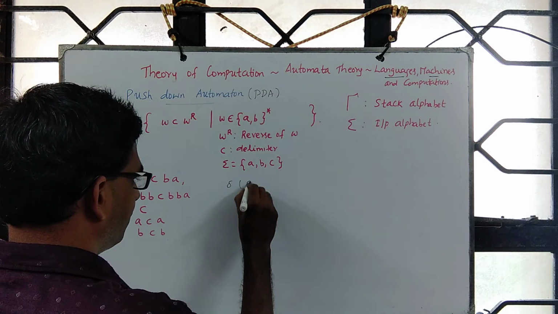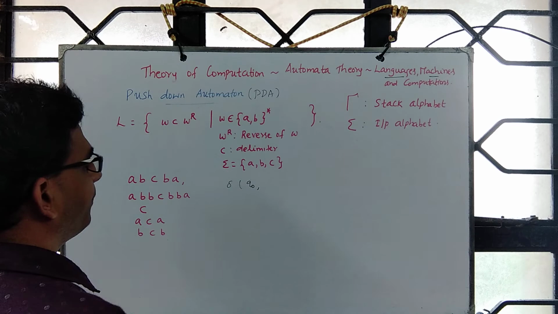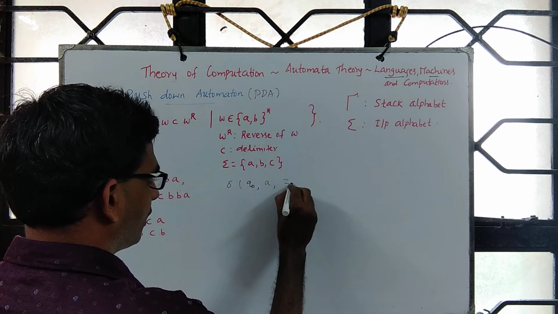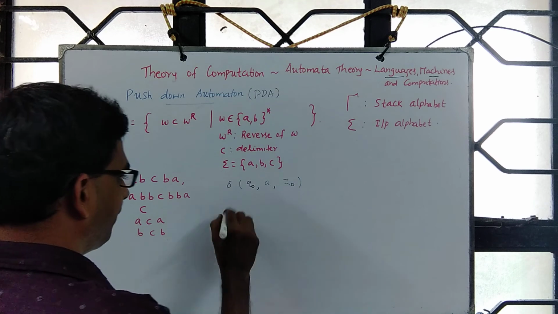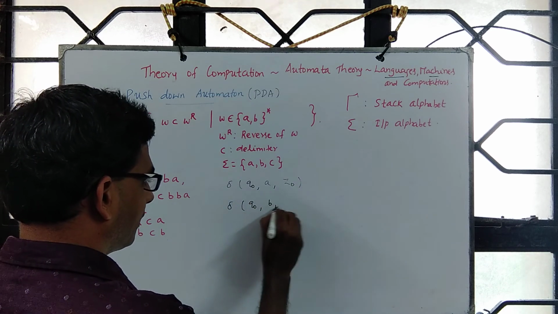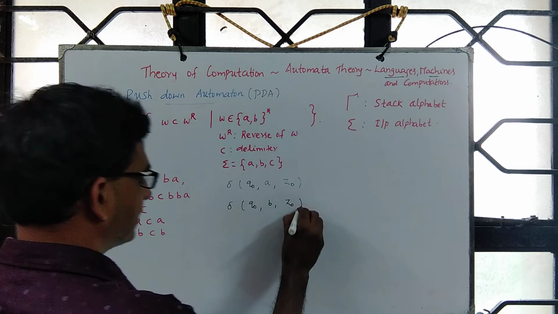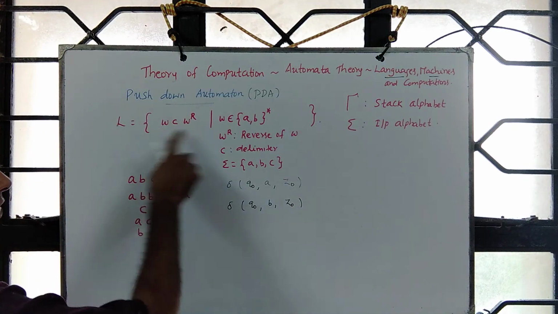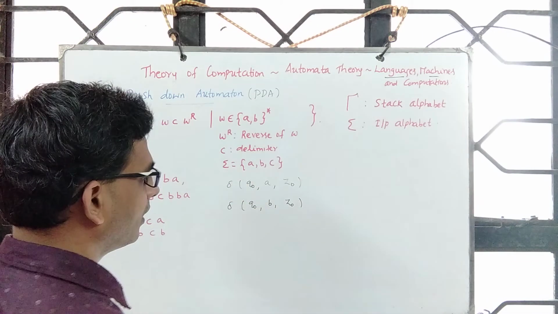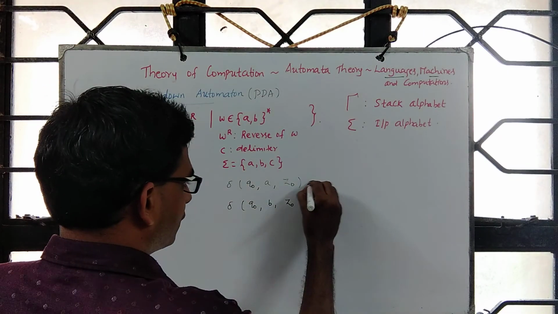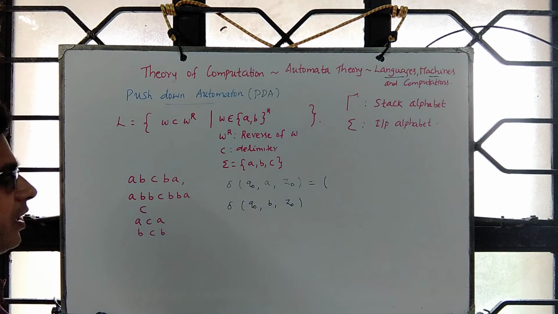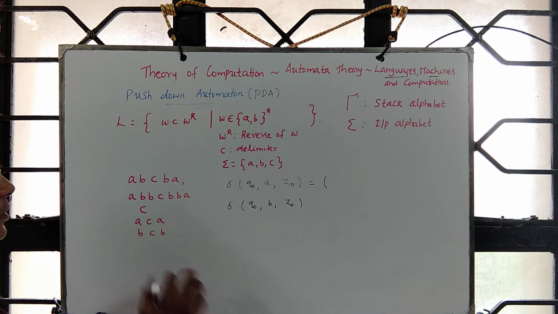Now, having given this picture, let's do the design. Starting from Q0, we read A, top symbol is Z0, or Q0 comma B comma Z0. Because W is a string over A, B, we just focus on these two. So when we read an A or a B, what should we do?